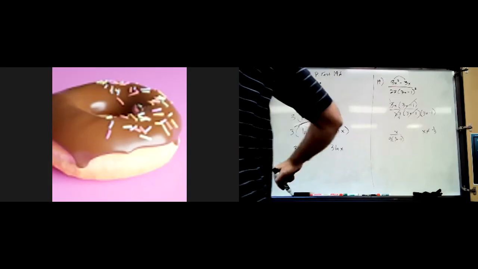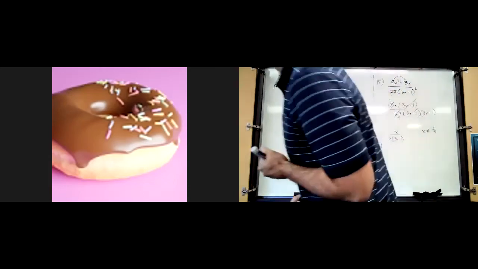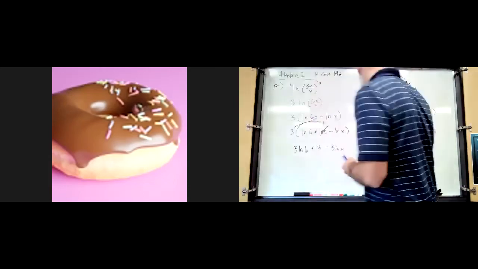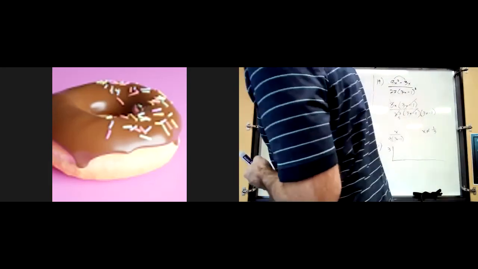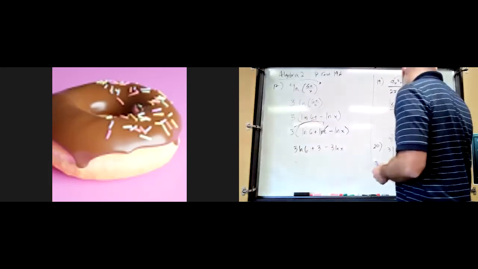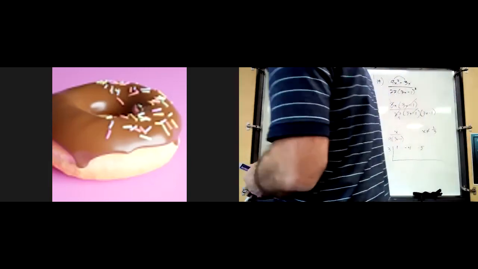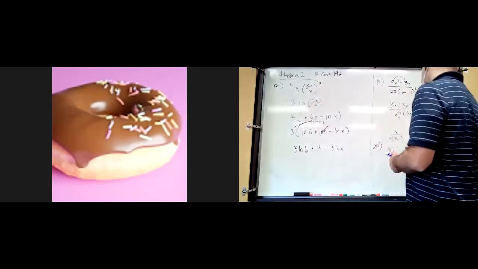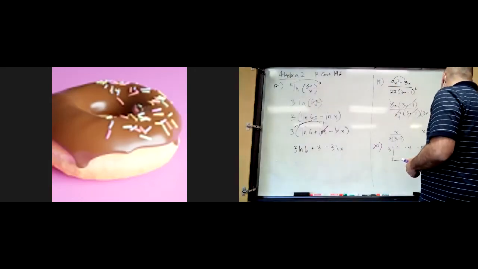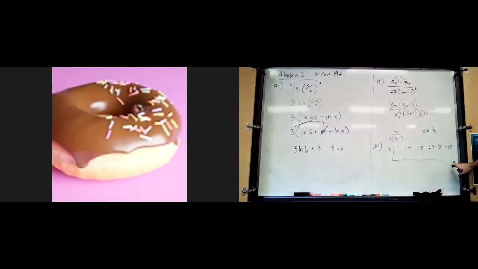Okay, synthetic division. I'm going to plug in positive 3. So I get 1, -4, -5, and then 23, 8, -15. Now we use synthetic division to see if we get 0 at the end.